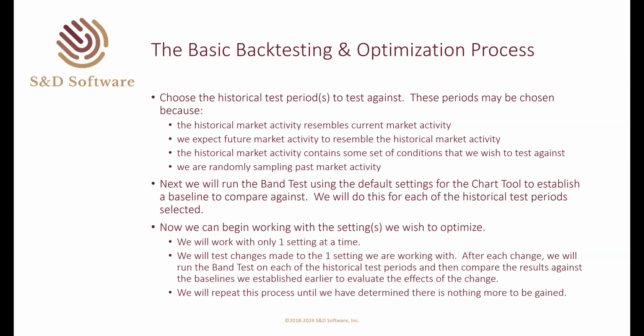But if we suspect that the market conditions are going to change for whatever reason, then we may choose a historical period which we believe is going to be like what we're going to see in the near future. So essentially at that point, we are testing our system against what we expect market conditions to become.